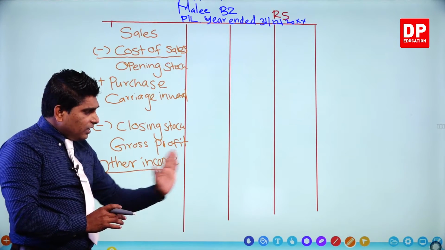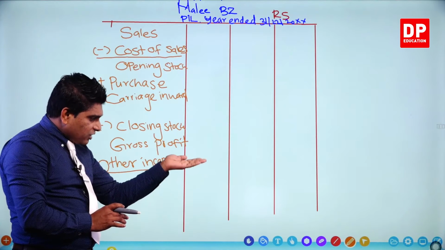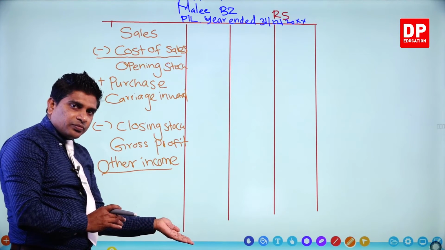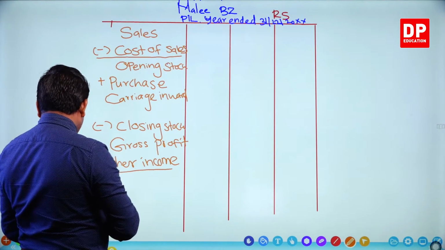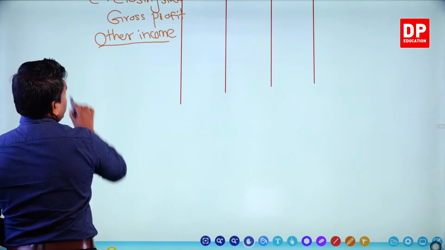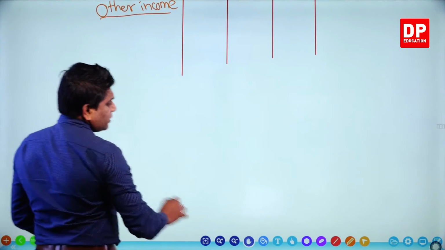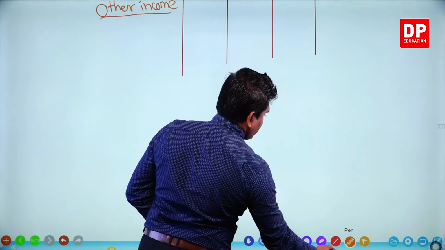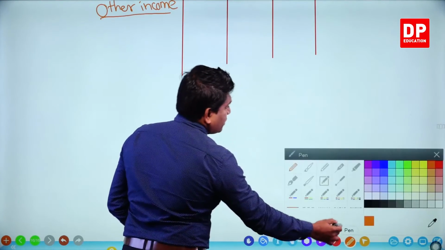Okay. Then you can expand the same format to record the expenses. So I draw the expenses classification now, right?